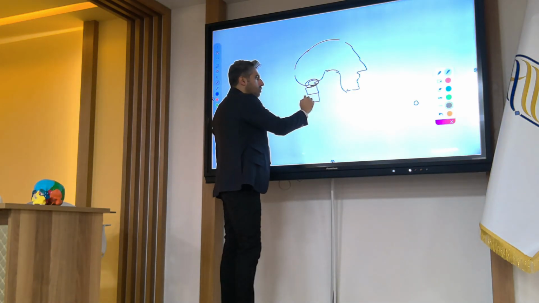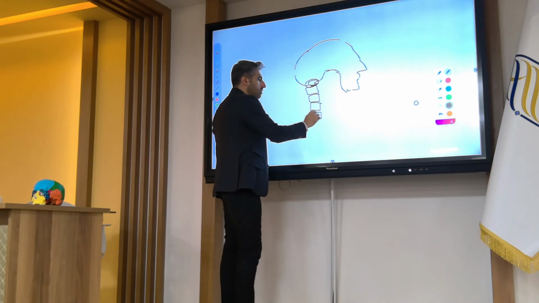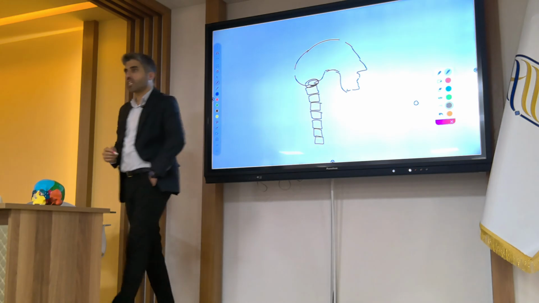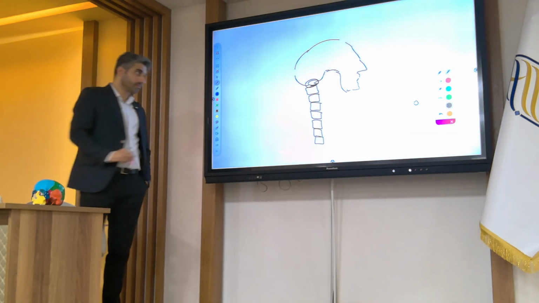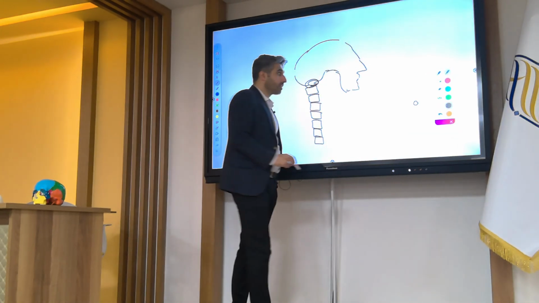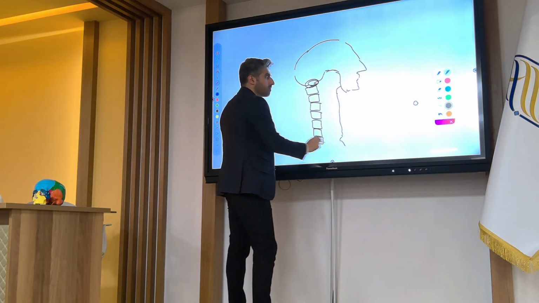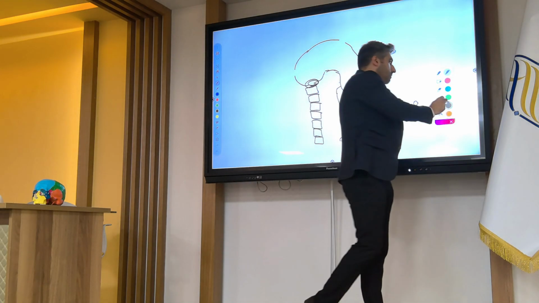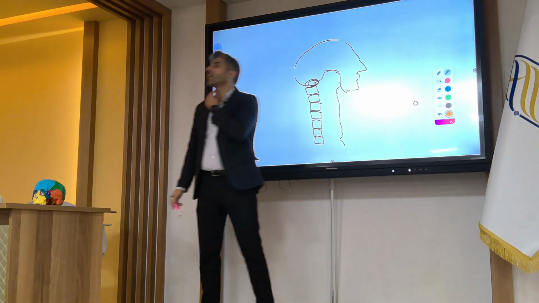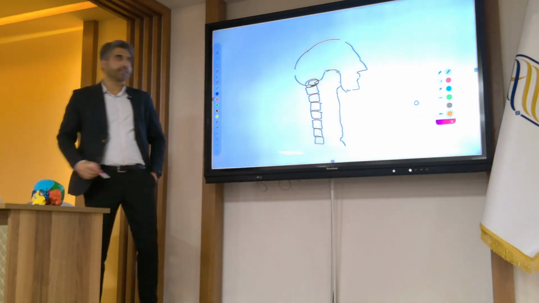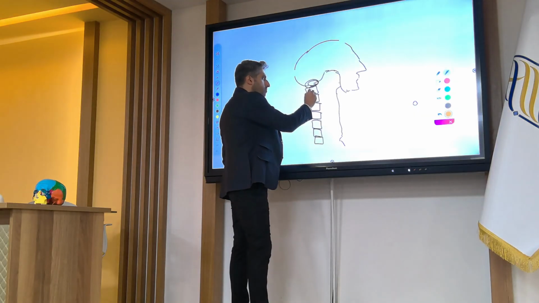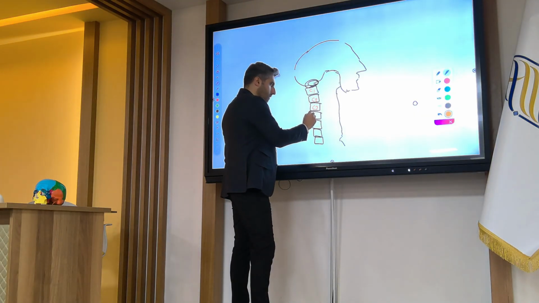C1, C2, C3, C4, 5, 6, 7. We have 7 cervical vertebrae. I told you larynx, and here is the neck. The larynx is here, on its anterior side.